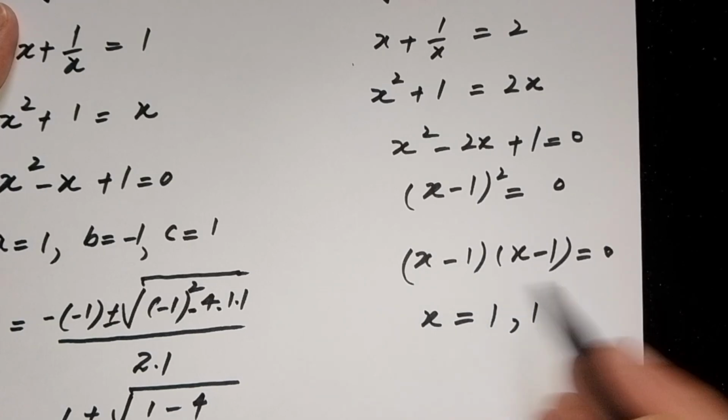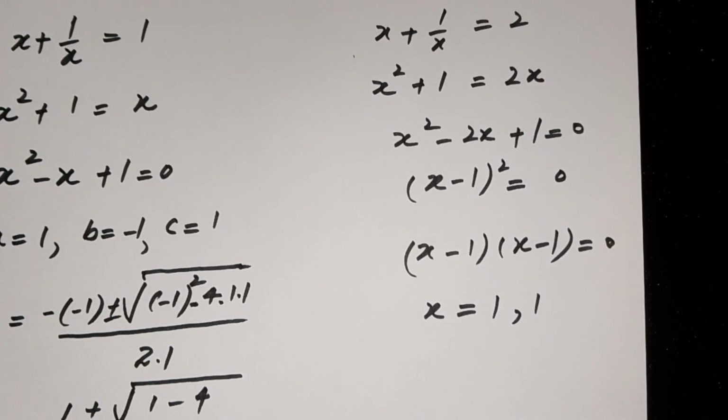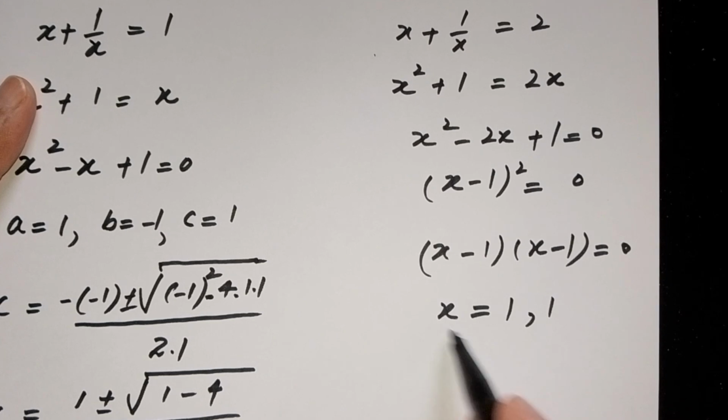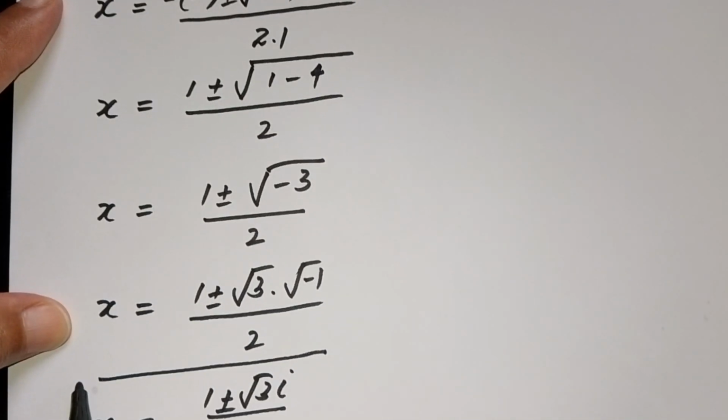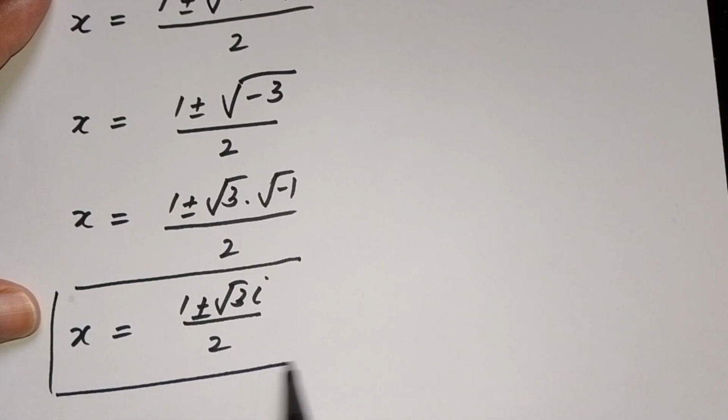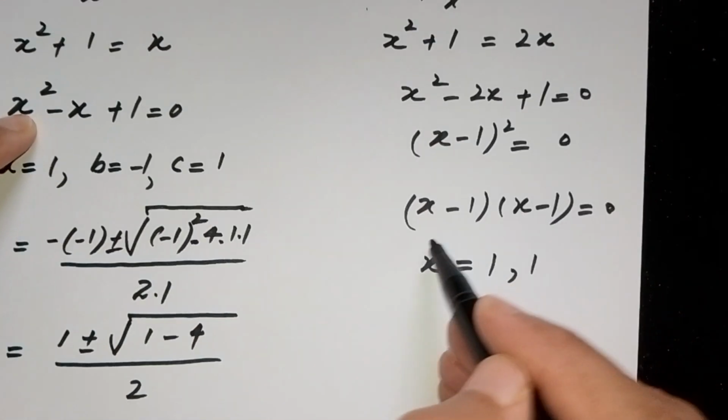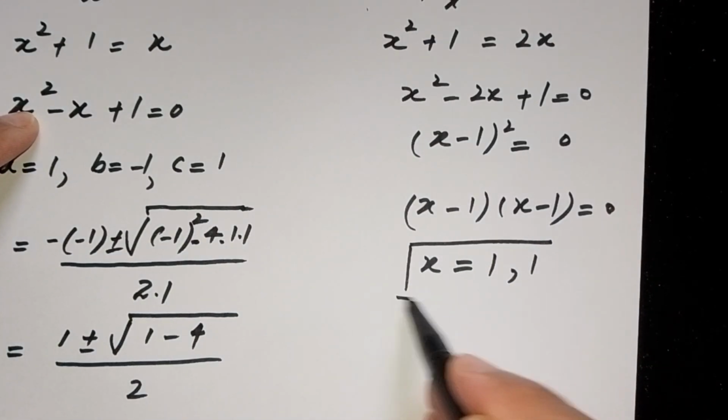From here we have the value x is equal to 1. So we have one value x is equal to 1 plus or minus square root 3 i over 2, and the other value is 1.